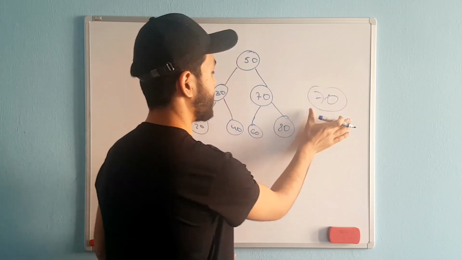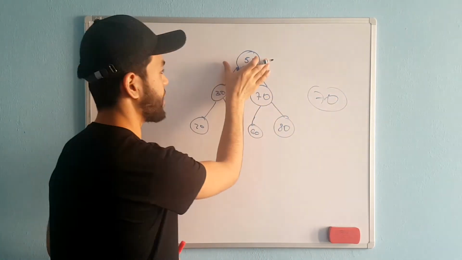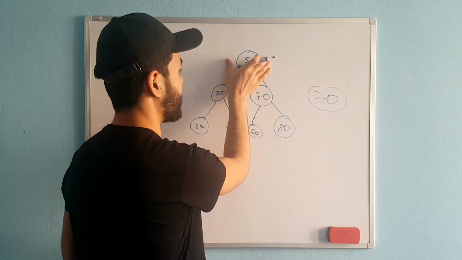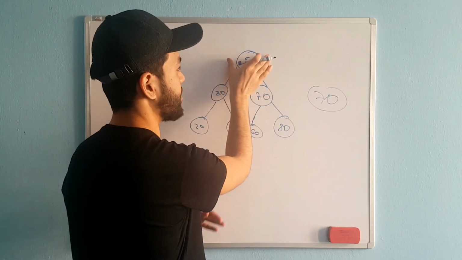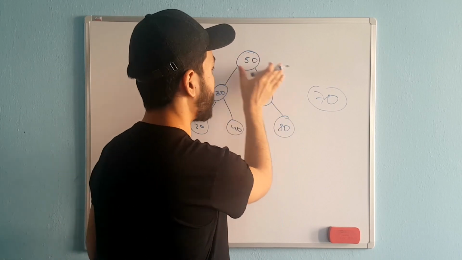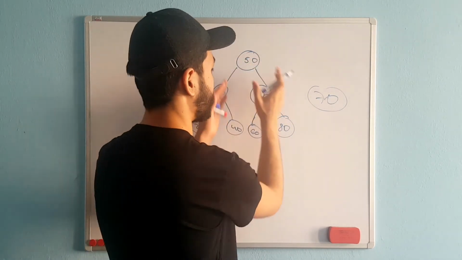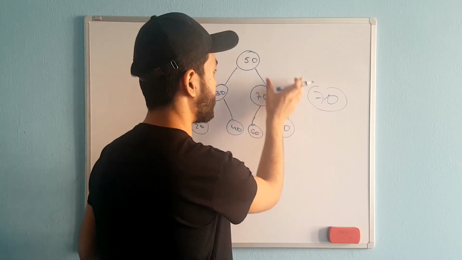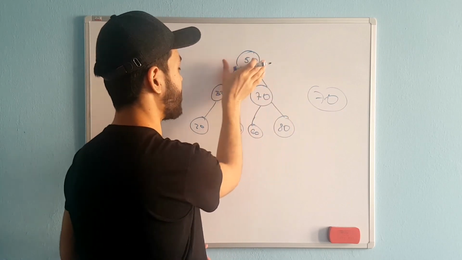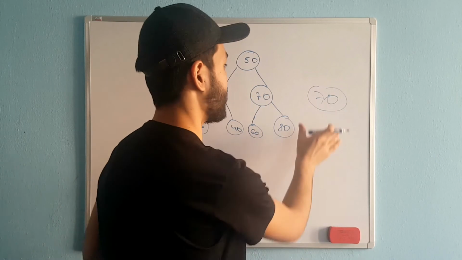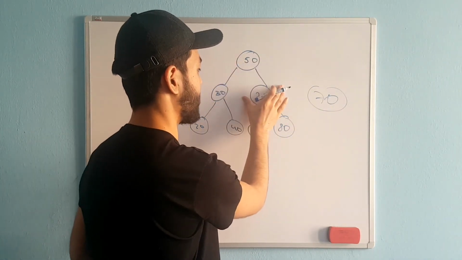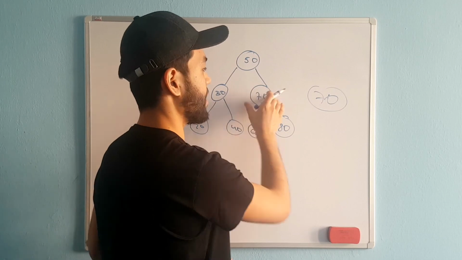For searching 70, whenever we are iterating using the level order traversal, we need to compare with the root node. If the value is greater than the root node, we go to the right. If the value is less than the root, we go to the left. In this case 70 is greater than the root value, therefore we go to the right, compare, and then we can return.